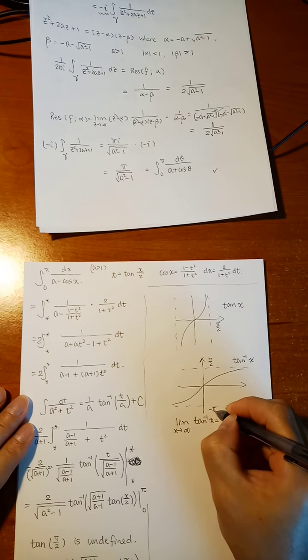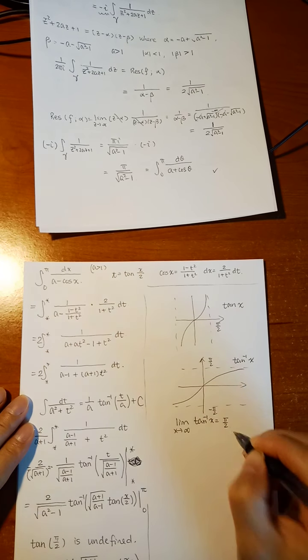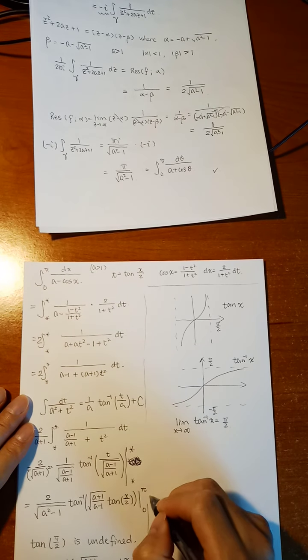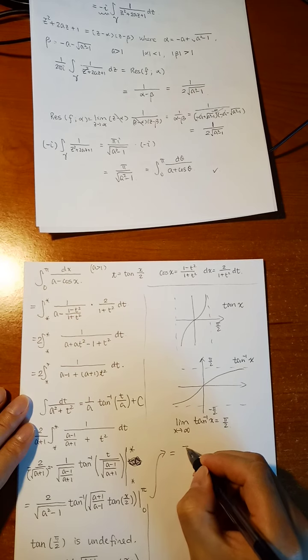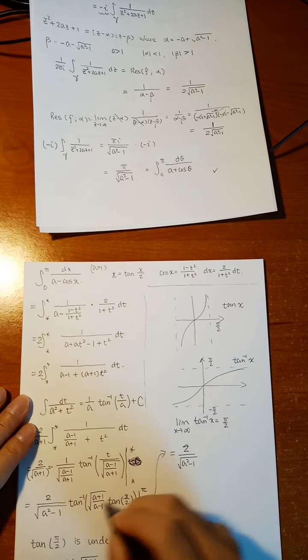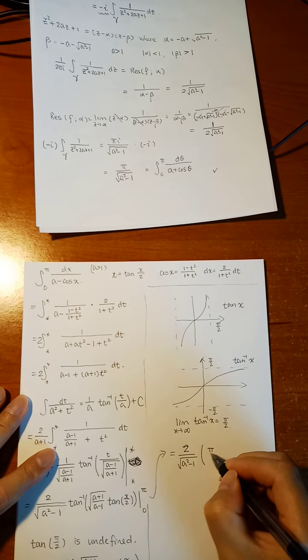So that's all the stuff we know. So this part is infinity. Infinity times a positive number is still infinity. Then tangent inverse of infinity is pi over 2. The first one is pi over 2. It's 2 over the square root of a squared minus 1 times pi over 2.